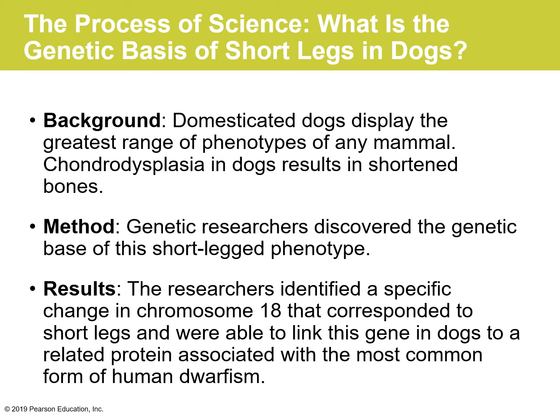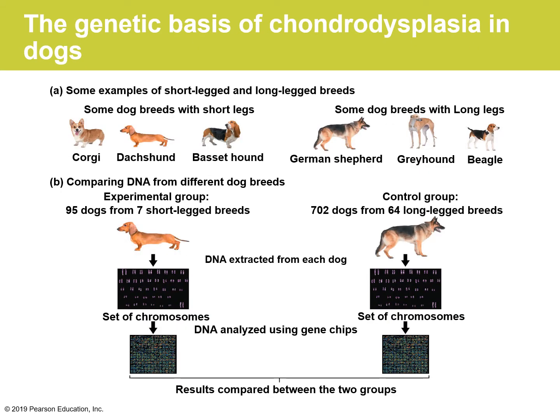What they found is that there's a specific change in chromosome 18 that corresponded to short legs, and then the scientists were able to link this gene in dogs to a related protein associated with the most common form of dwarfism in human beings. This slide illustrates the experiment that was carried out to understand the genetic basis of chondrodysplasia in dogs.